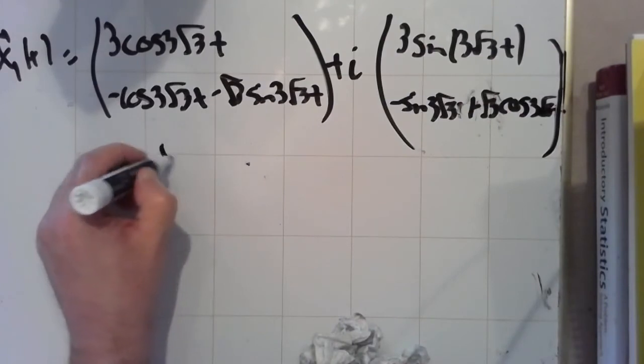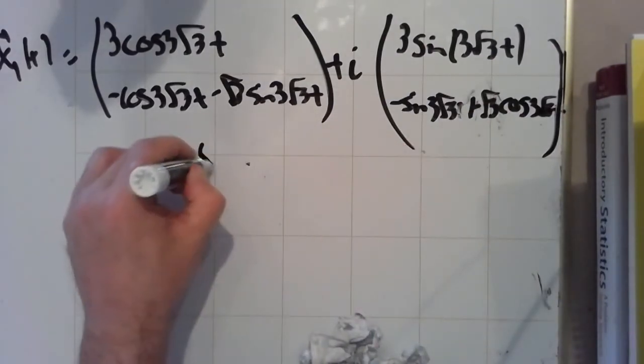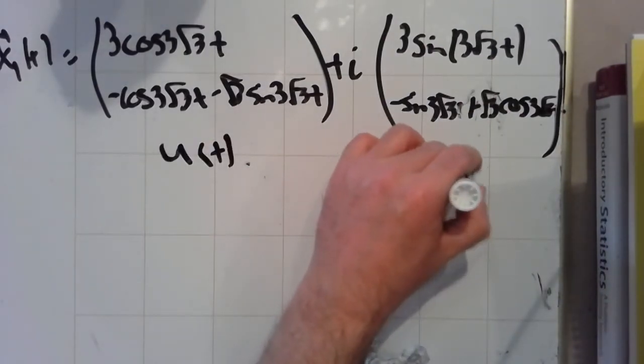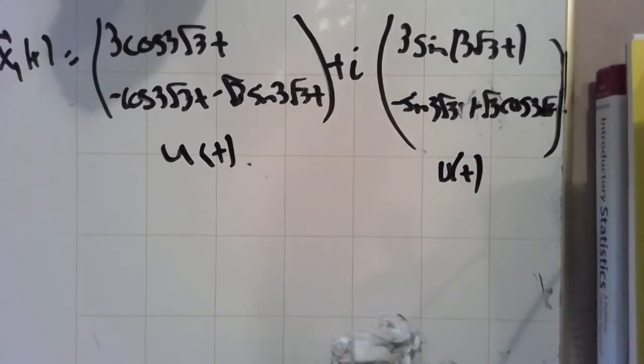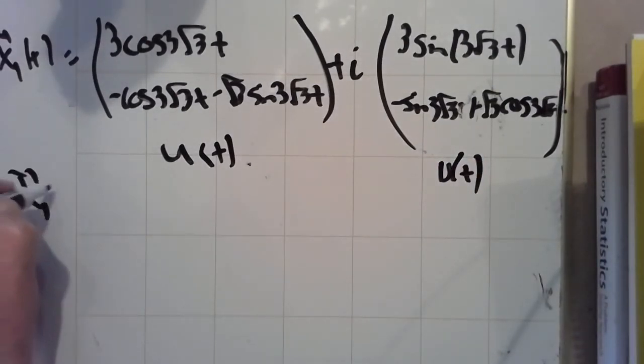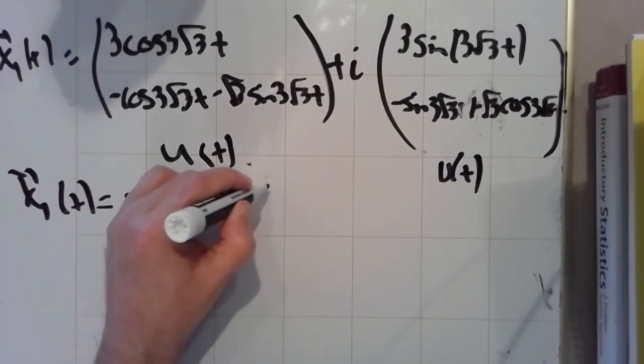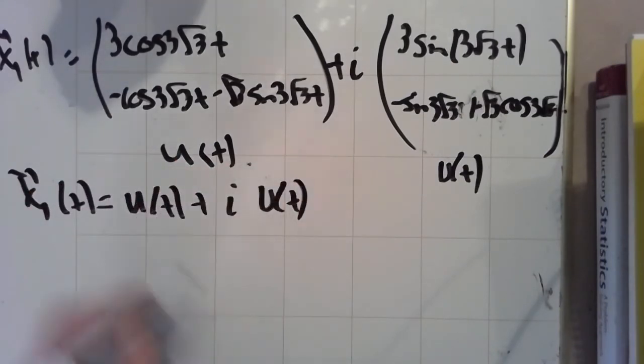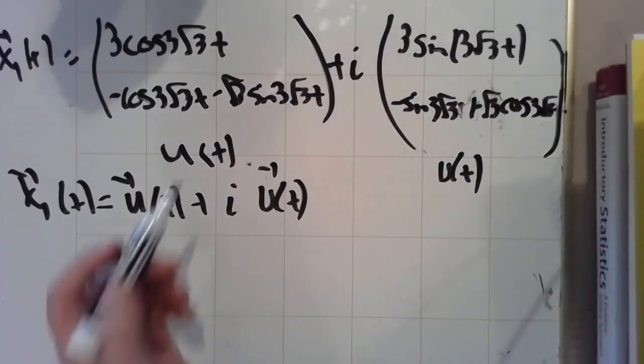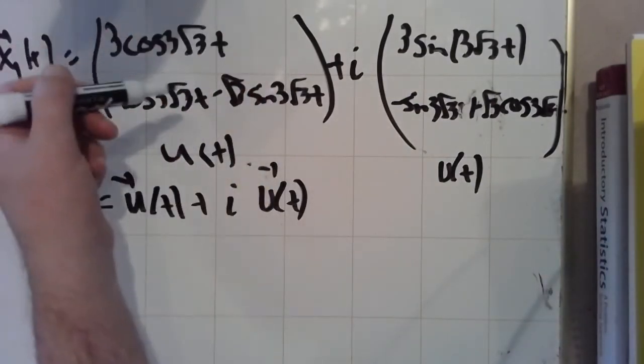Okay, we're going to call this guy U and this guy V. So what I've written here is x1 of t is U of t plus i V of t. These are vectors. It turns out that U and V are, forget about the i, all the real stuff, make that a vector.